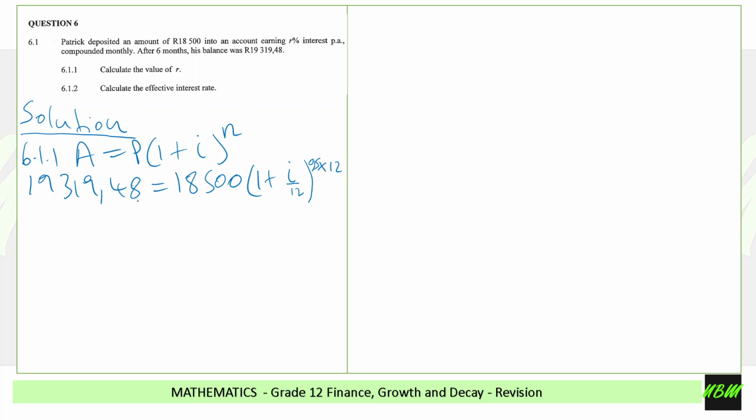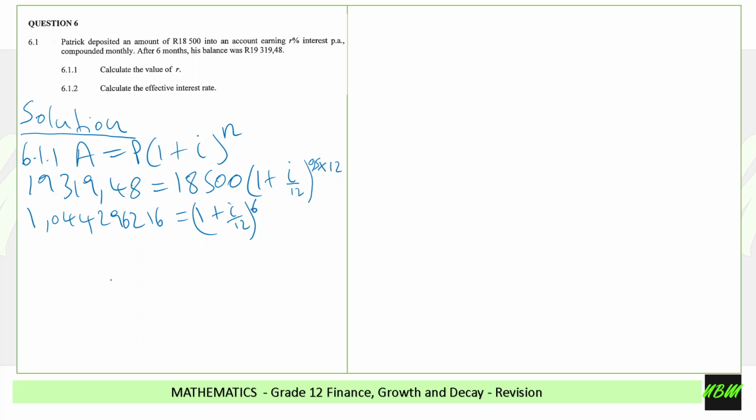Alright, so let us divide both sides by 18,500. This will give you 1.044296216, which will be equal to (1 + i/12) raised to the power of 0.5 times 12, which is 6.